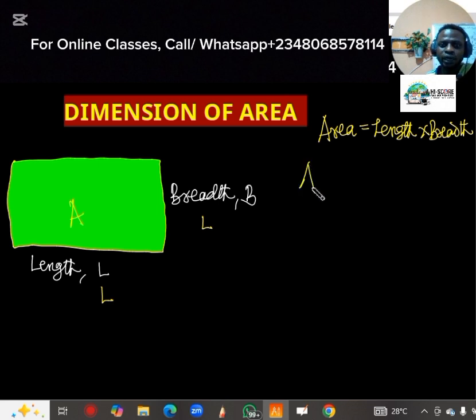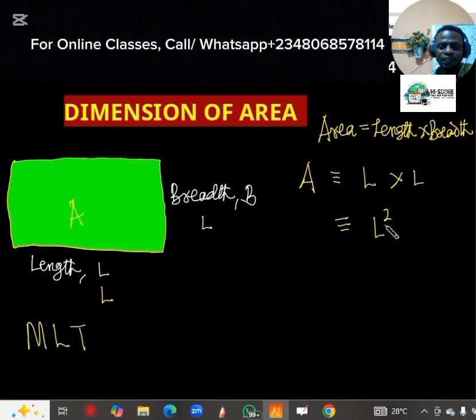Now, area is equivalent to, the length is having a dimension of L, and the breadth is having a dimension of also L. This will give us L raised to power 2. But then, the dimension of any quantity is meant to be in terms of mass, length, and time.